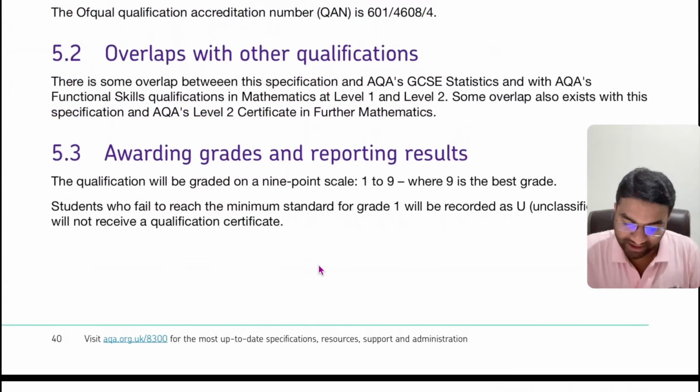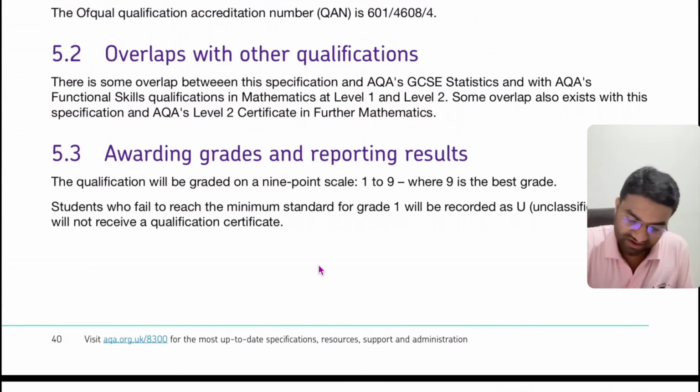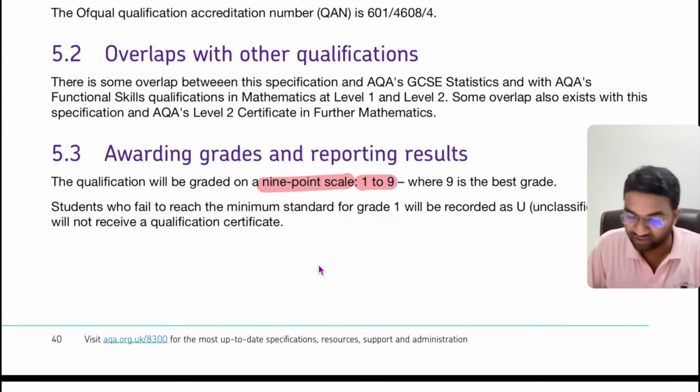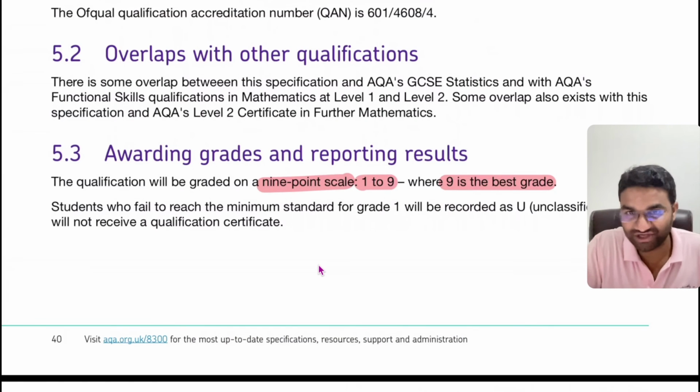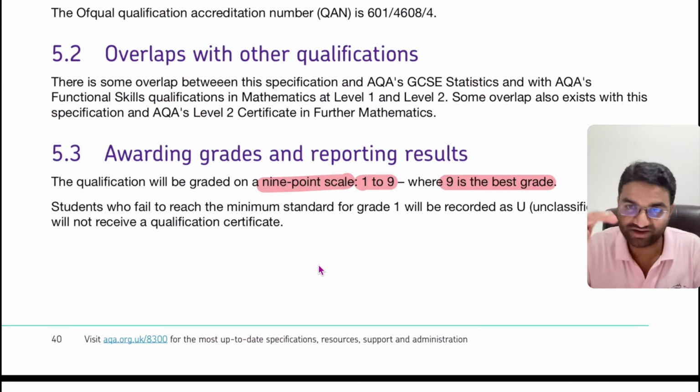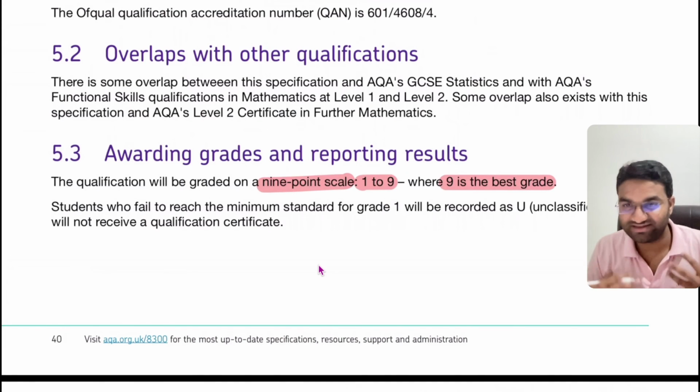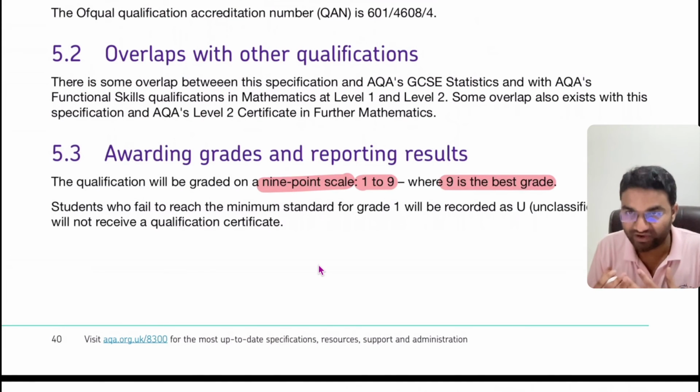Here, awarding grades and reporting results is important. The qualification will be graded on a 9-point scale, 1 to 9, where 9 is the best grade. Many of our students got 9 and 8, which are among the highest. To get the best grade, we are here to help you throughout the year.